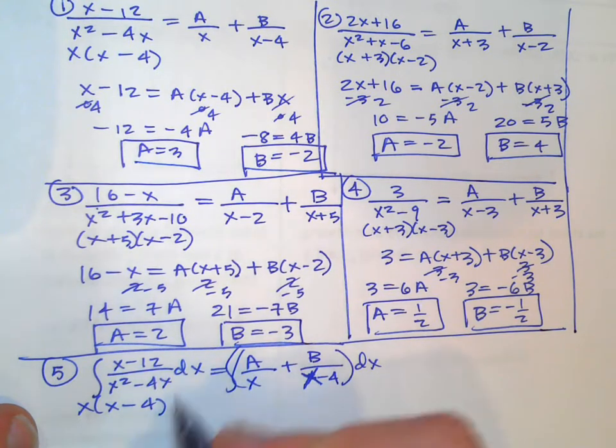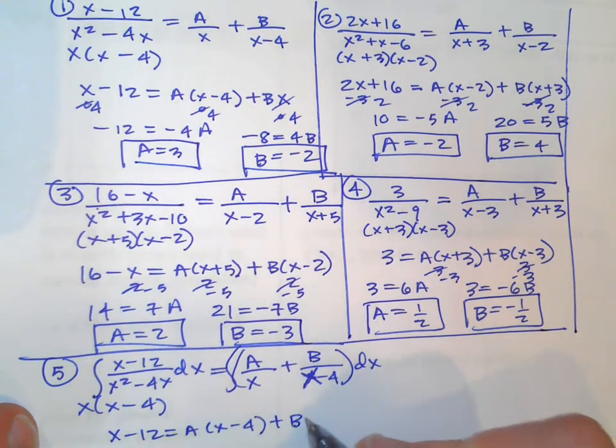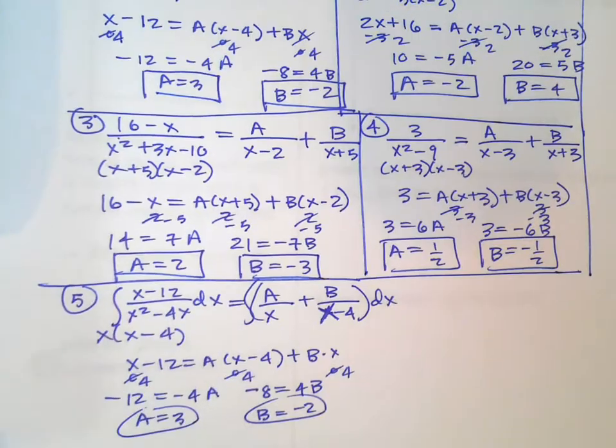So multiply through by the least common denominator, get x minus 12 equals A(x minus 4) plus B times x. You can plug a 0 in everywhere. Negative 12 equals negative 4A. A equals 3. We plug a 4 in everywhere for all the x's. And you get negative 8 equals 4B. B equals negative 2.